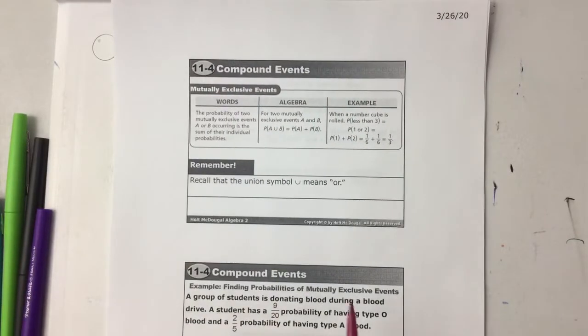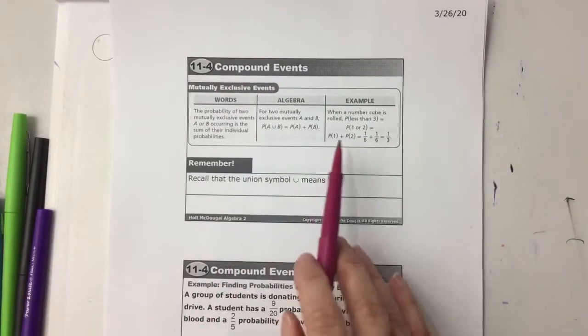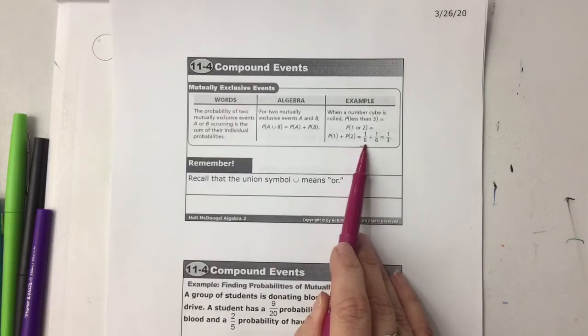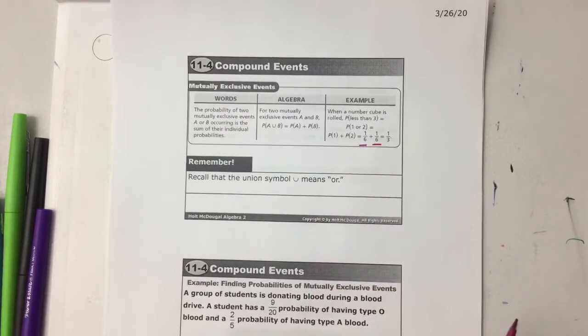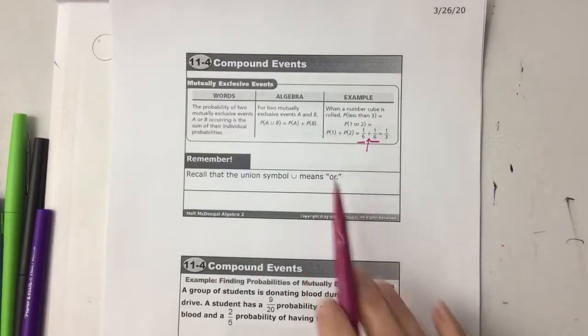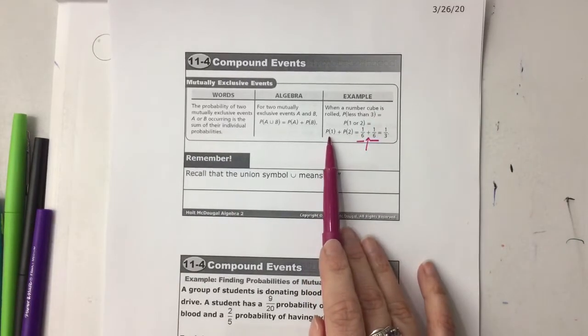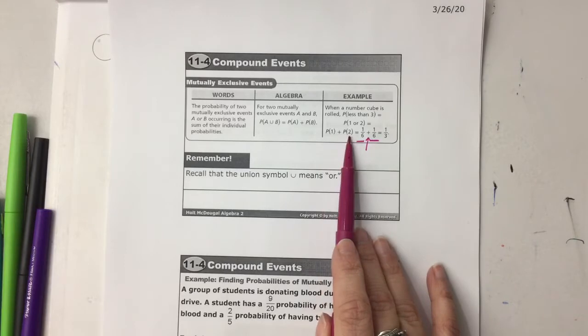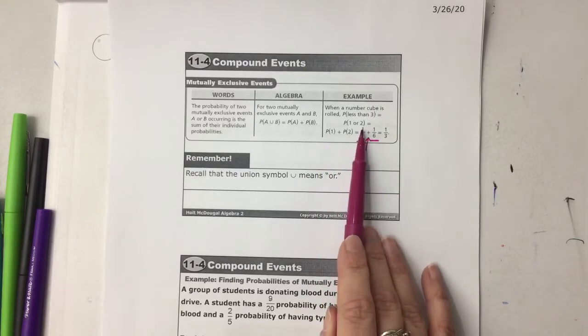When you are looking at compound events, what you're doing is you are taking the probability of each thing that you're looking for and you are adding them together. So in the last little description, their example was you cannot roll a 1 or a 2. Well, the probability of getting a 1 is 1 out of 6 because there's one on a number cube that has 6 sides.